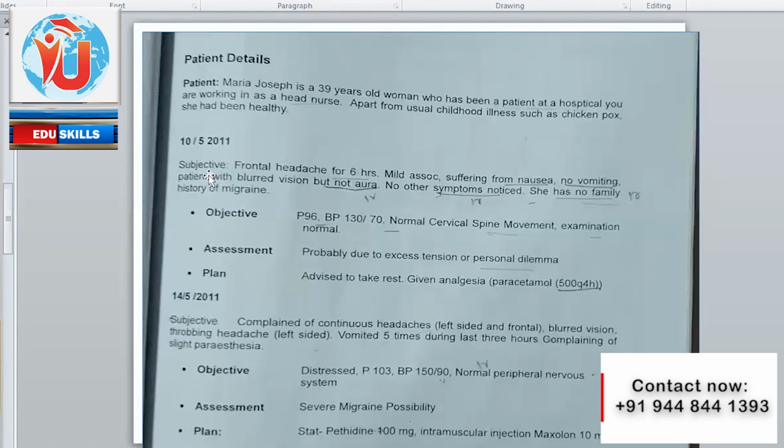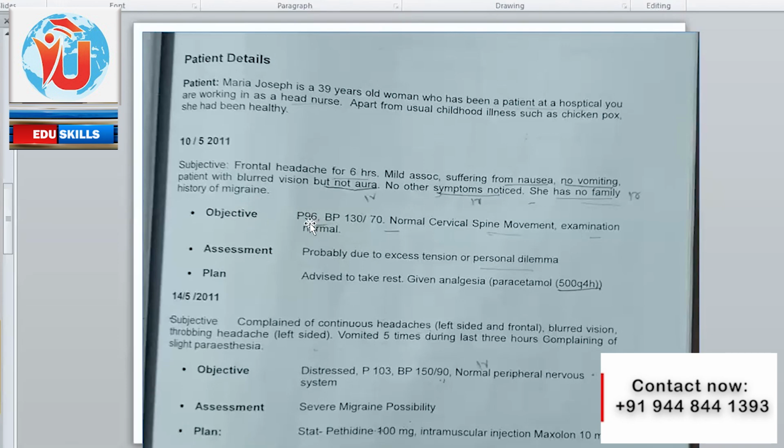So let's see what the subjective data is here: frontal headache for 6 hours, mild associated nausea, no vomiting, blurred vision but no aura, no other symptoms noticed. She has no family history of migraine.